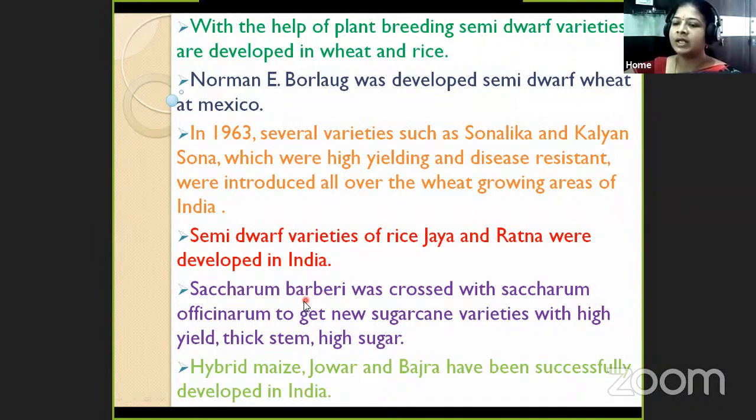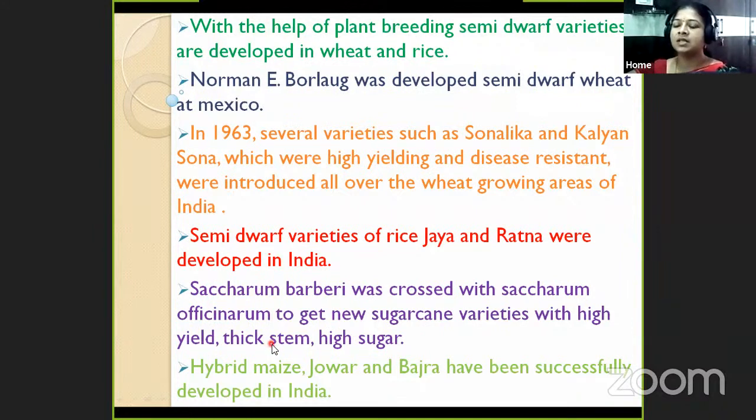This wild variety was crossed with the cultivated variety to get new sugarcane varieties with high yield and thick stem, because the sugar yield in sugarcane depends on the size of the stem.